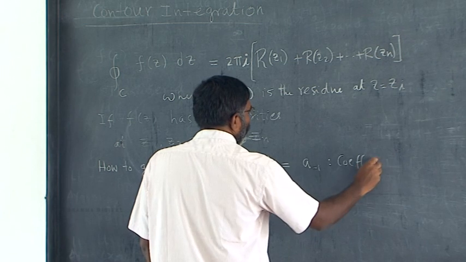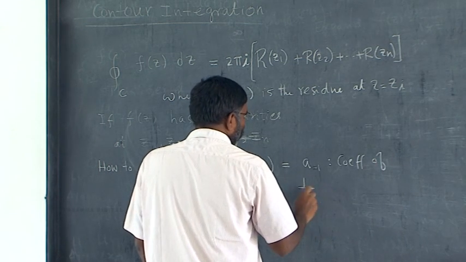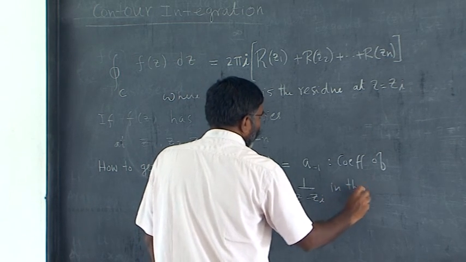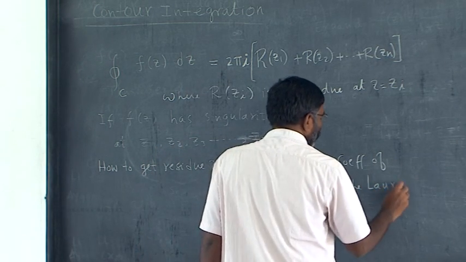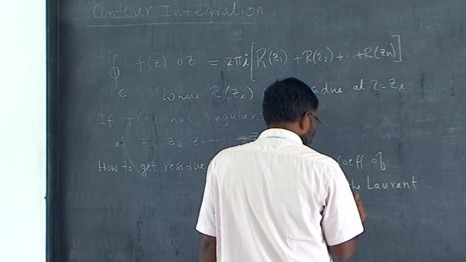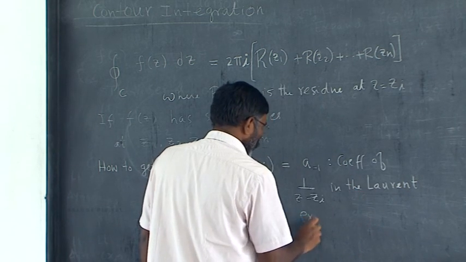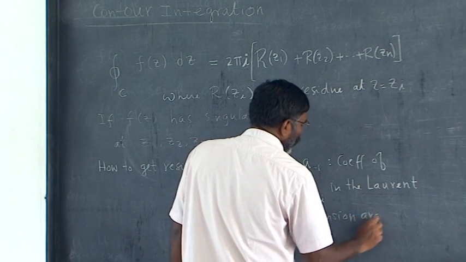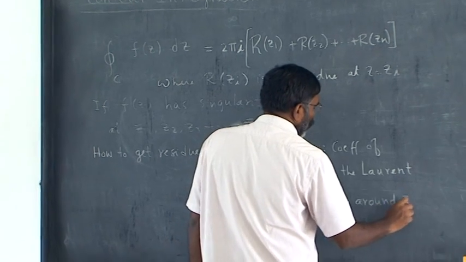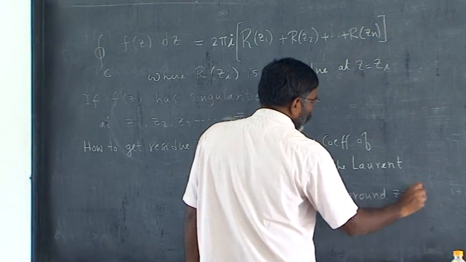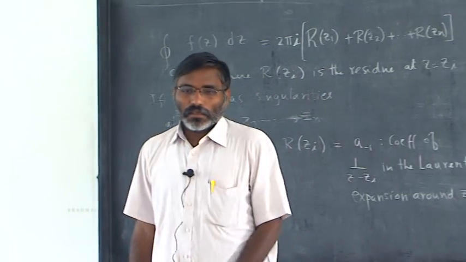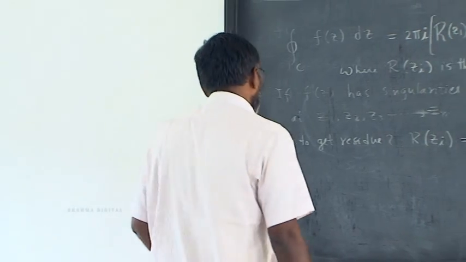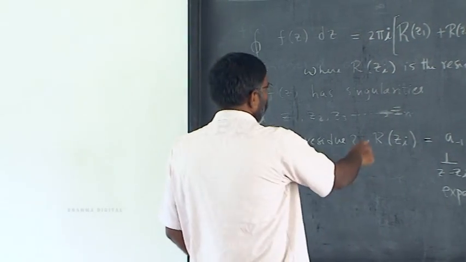It is the coefficient of 1 by z minus zi in the Laurent expansion around z equal to zi. You take the function, expand it in a Laurent series around z equal to zi, and then the coefficient is the residue.